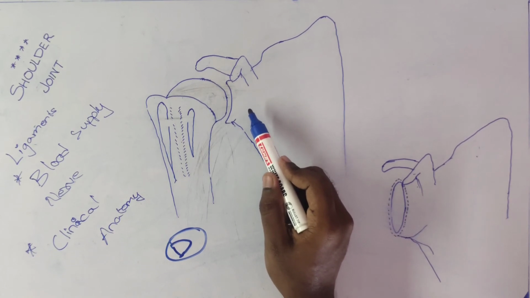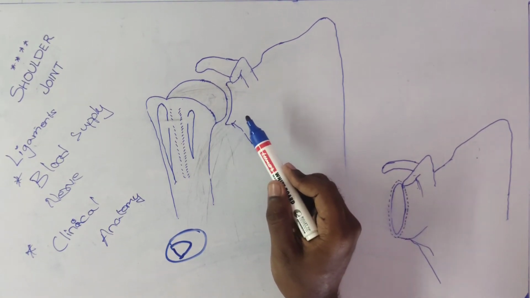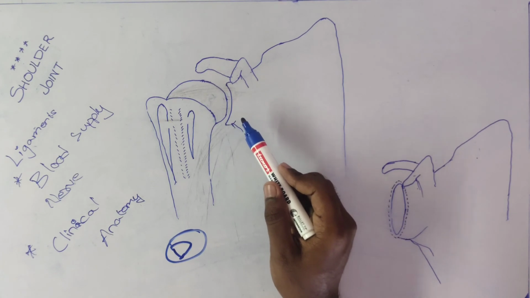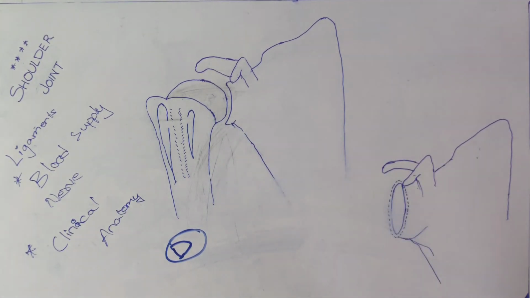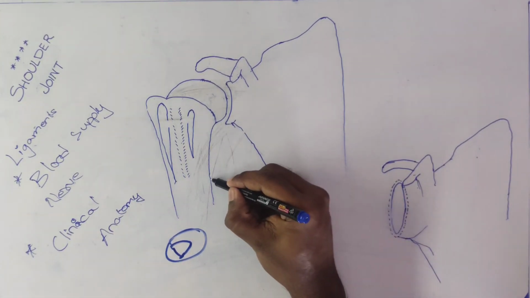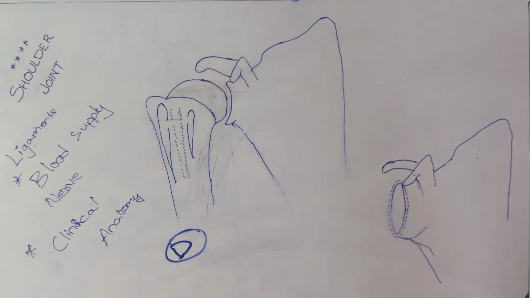So the dislocation occurs very easily, and it is the most common dislocation of a joint in the entire body. If the dislocation occurs, many nerves and arteries are damaged.